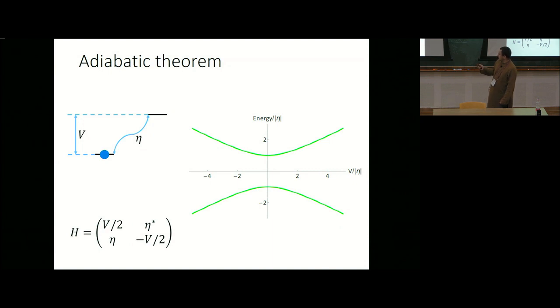You can see that depending on the V and the eta, the energy spectrum is like this. It always has a gap. And if I start at large negative V, this level has lower energy, my particle sits here. I slowly increase V, I make this level higher, this level goes higher, and the particle will go here if I do it sufficiently slowly. That's what the adiabatic theorem states.